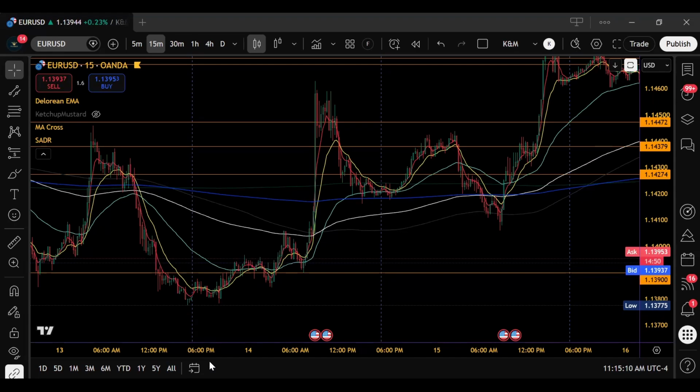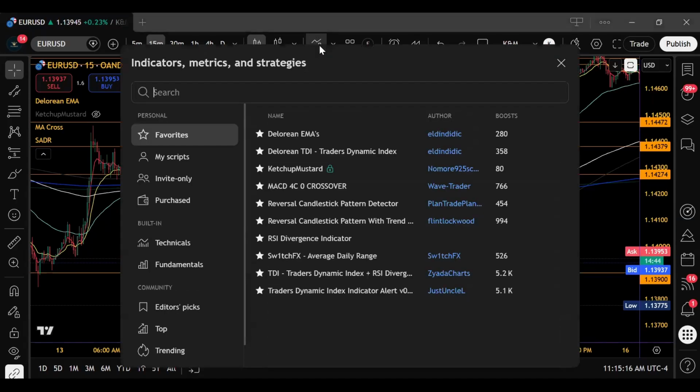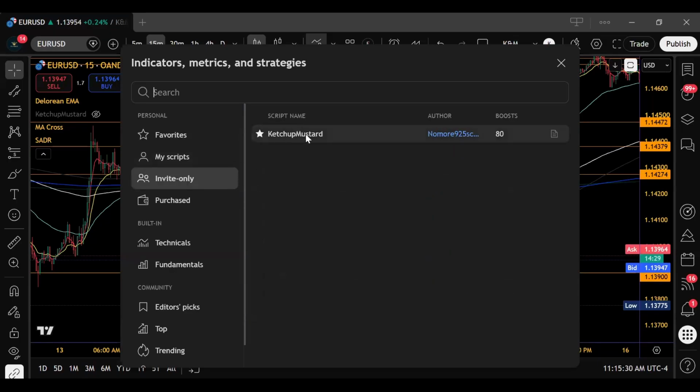It'll show up as an indicator. I'll show you what that looks like right quick. You go to indicators, and then you have to go to invite only. This might not be on your thing already if you've never gotten an indicator this way, but it'll pop up once it's added to your chart. It'll say ketchup and mustard, no more 95, and then you'll add it to your chart.